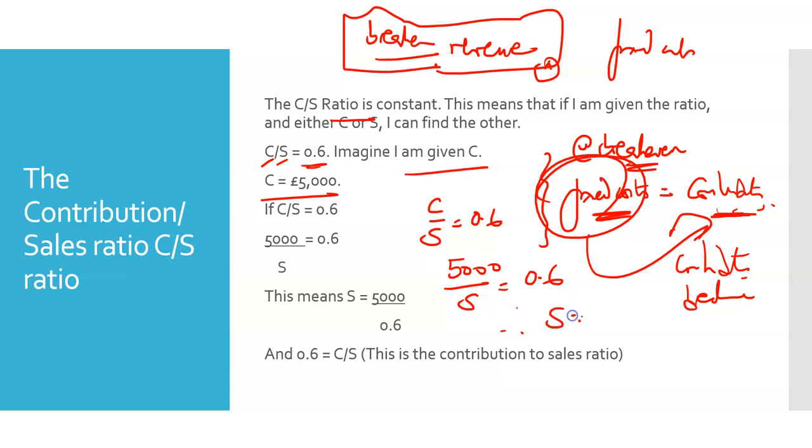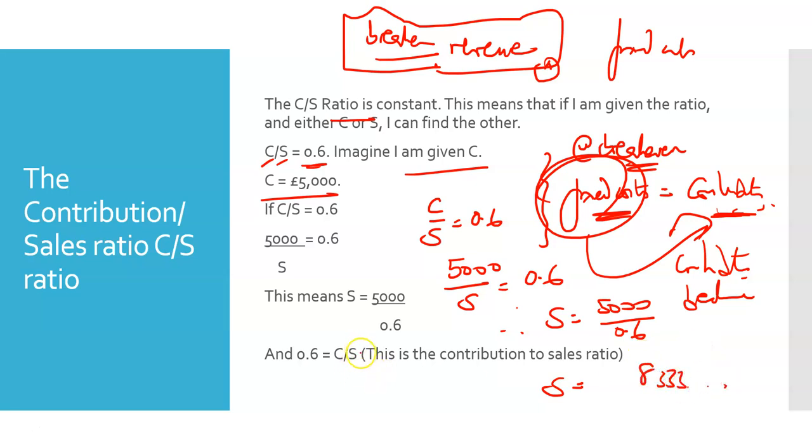Therefore, S is equal to 5,000 divided by 0.6, which technically is 8,333 or whatever it is.